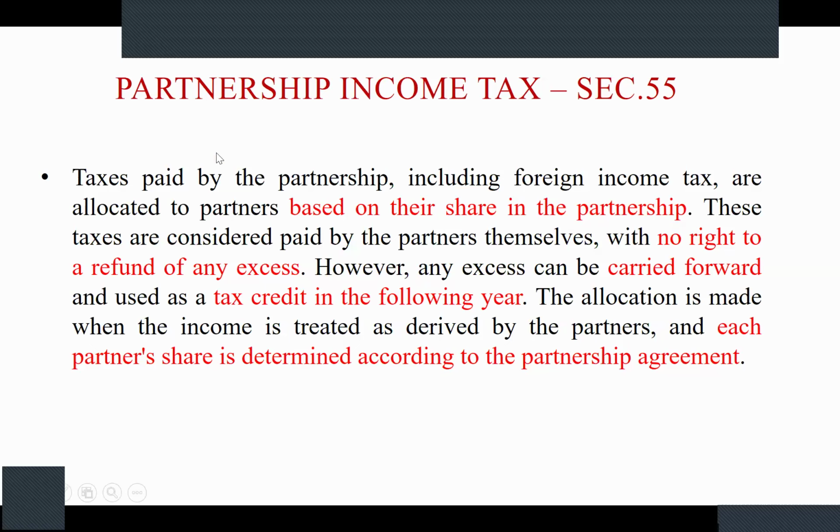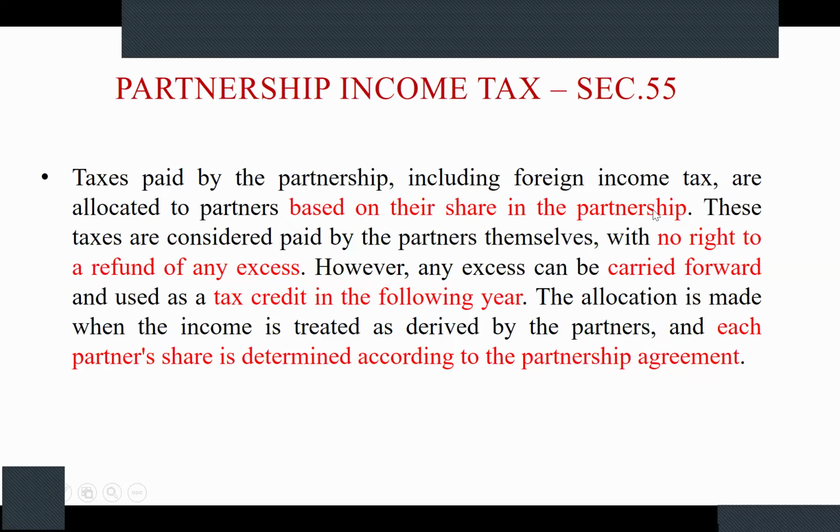So taxes paid by the partnership, that means the partnership should pay taxes including foreign income tax. After paying taxes, that should be allocated to partners based on their share in the partnership.